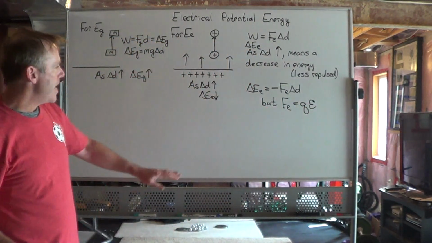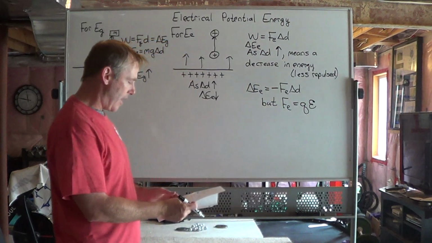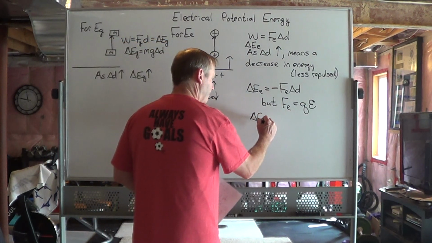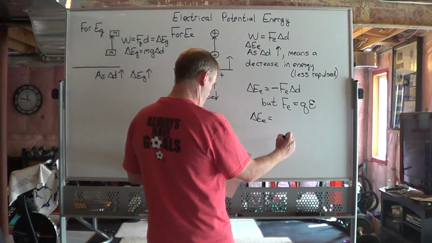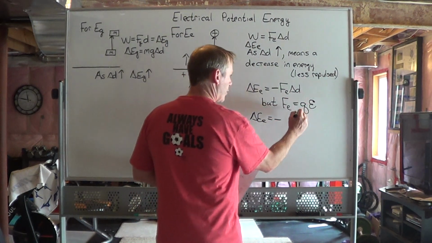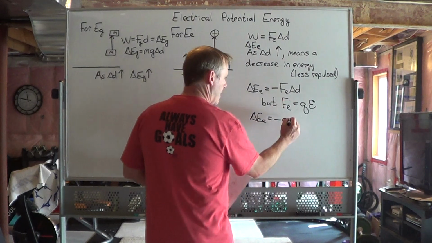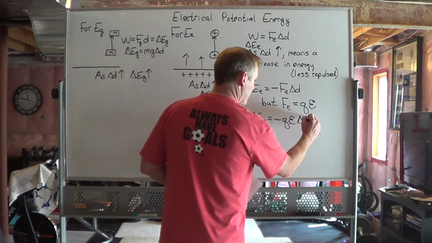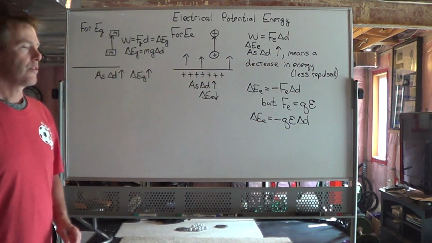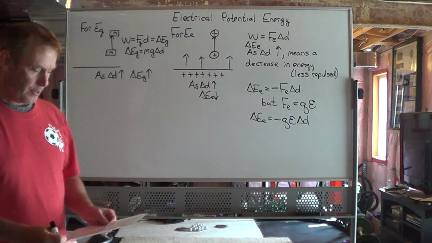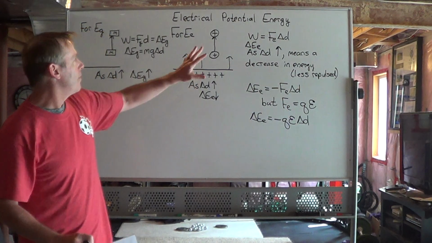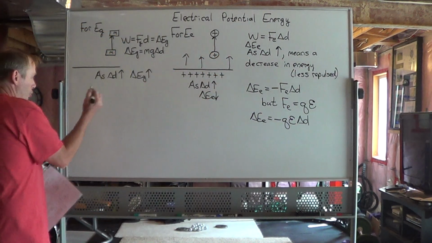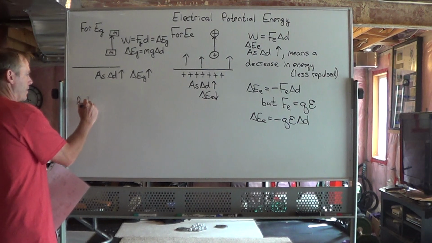And so if I make that substitution into our formula, we're going to have a new formula in which delta E is equal to negative q epsilon, so there's that F sub e, times our delta d. So there's another formula for us to use. Now again, here's the problem with electric potential energy: with all charges, there's two cases.